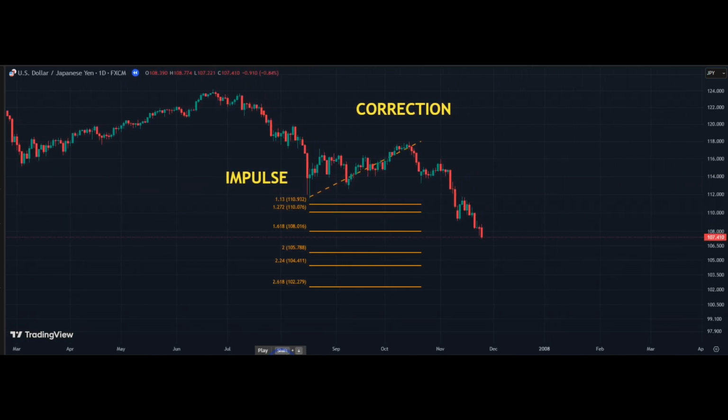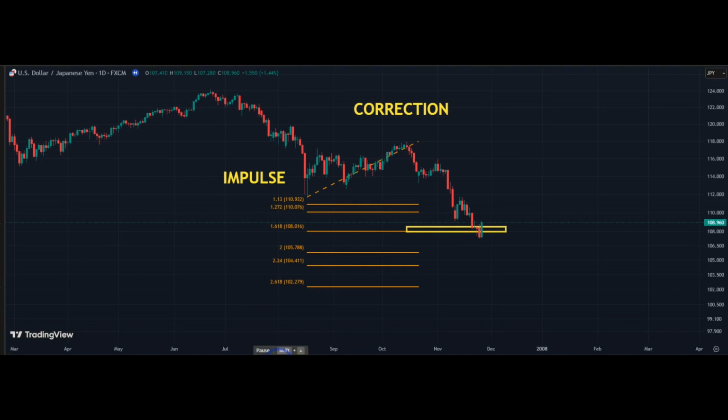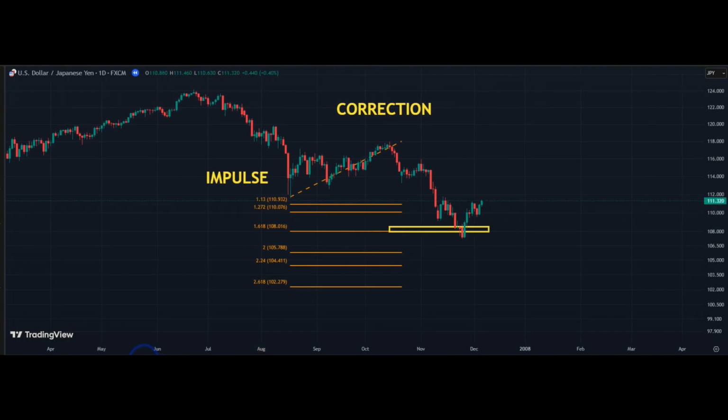Using the Fibonacci extension tool, we can beautifully determine the price target. As shown, when the price reached the 1.618 level, it reacted and the target was clearly identified.